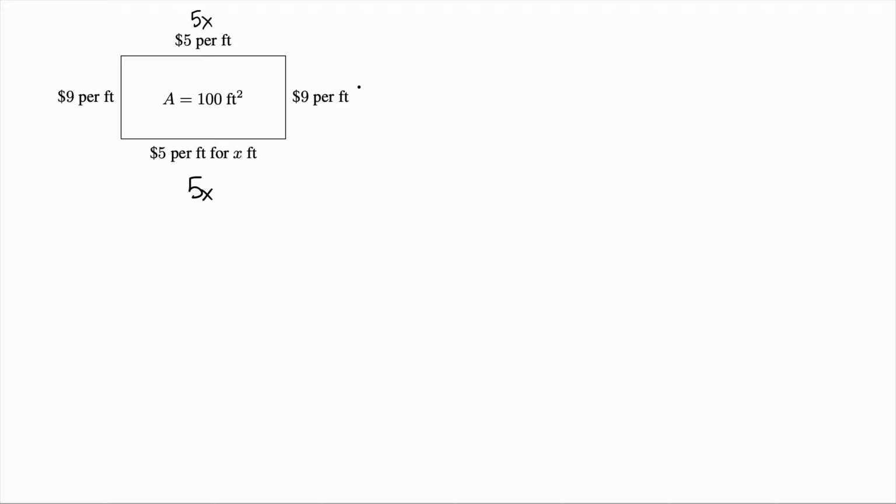Let's give this side length a name like w. So the length of this side is w, and the cost would be 9w. If you have a quantity and you don't know what it is, you can just give it a name. So we can write down a formula for cost, even if it involves more than one variable. At least we have something written down. Cost is equal to 5x plus 5x, that's 10x, plus 9w plus 9w, that's 18w.